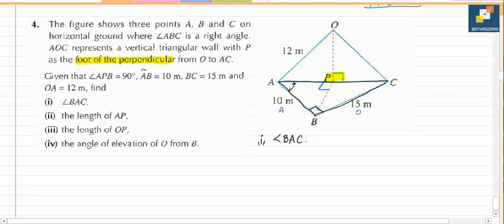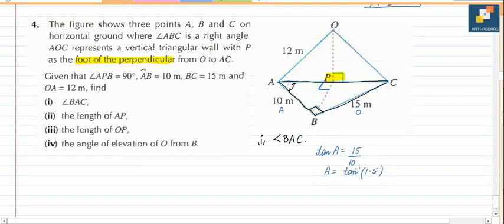Opposite is 15 and adjacent is 10. So angle A is equal to tan inverse of 1.5, right?